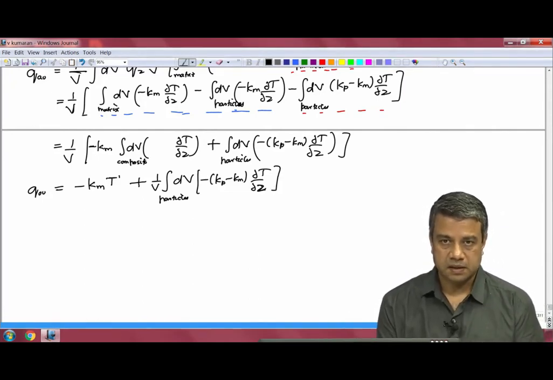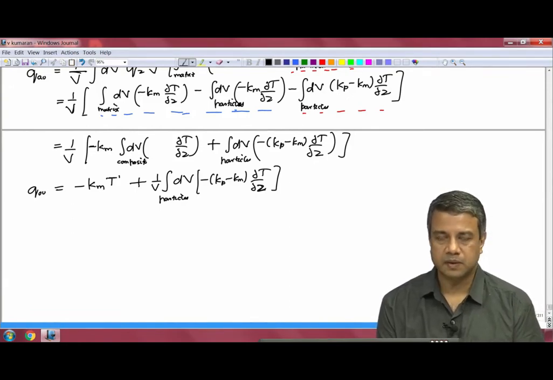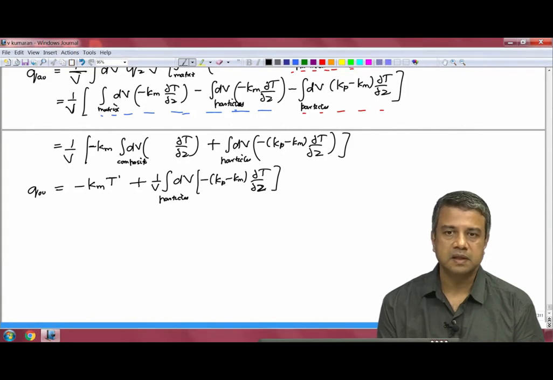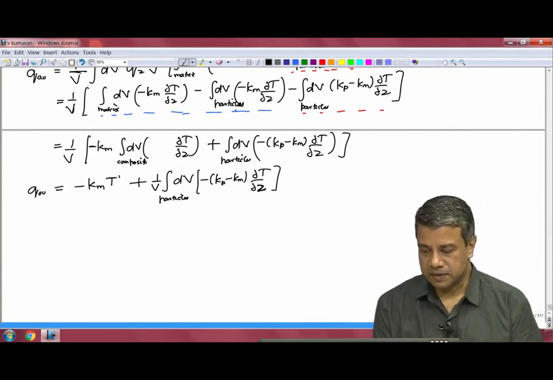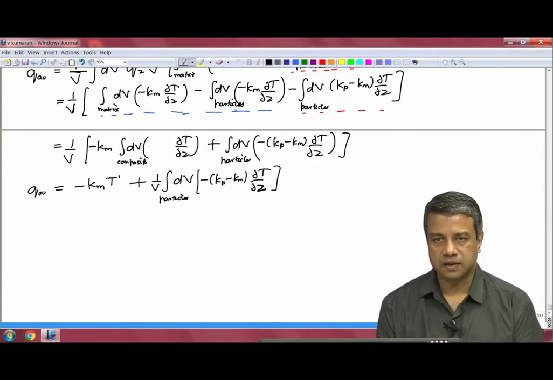The particles are non-interacting, the dilute limit. The temperature field around one particle does not affect the temperature at another particle. Therefore, this summation over all the particles is going to be equal to the number of particles times this integral over one particle.